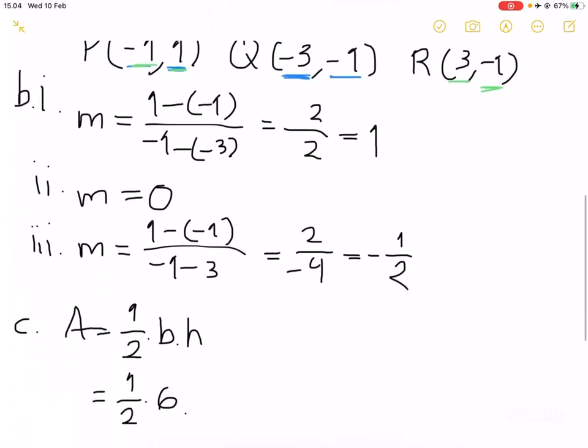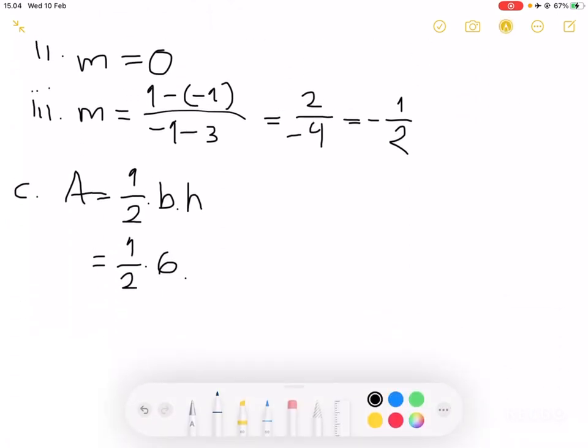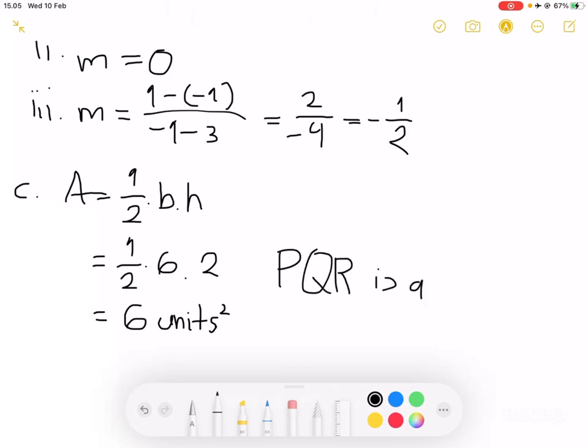And remember, we're only going to take the positive values. Alright, so after calculating this, we'll get our area will be 6 units squared. And we could say that PQR is a triangle.